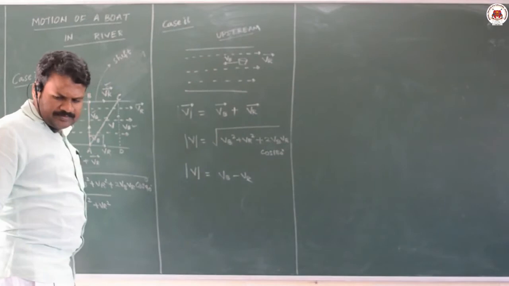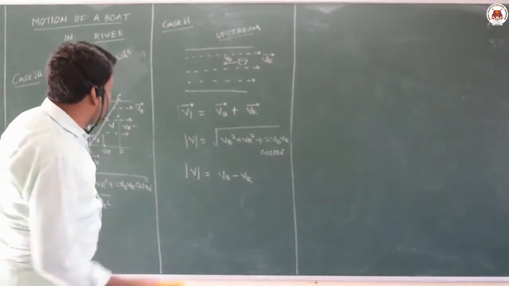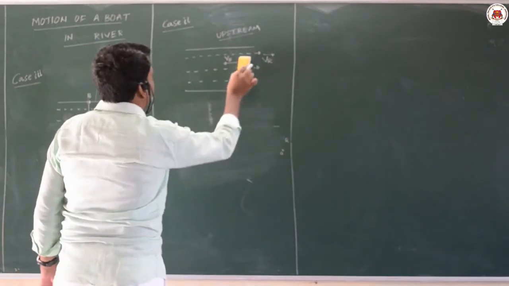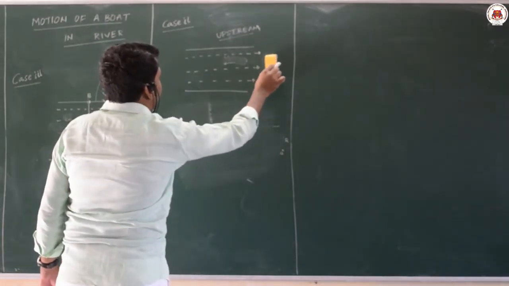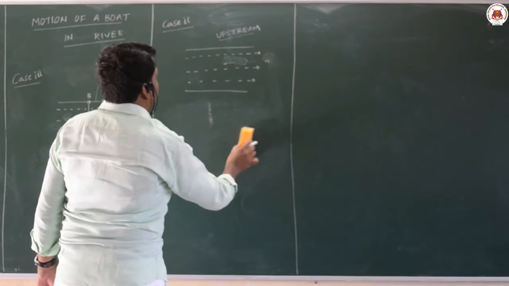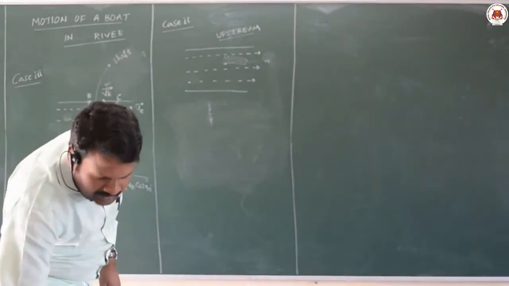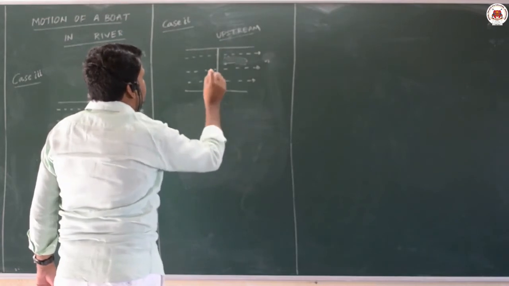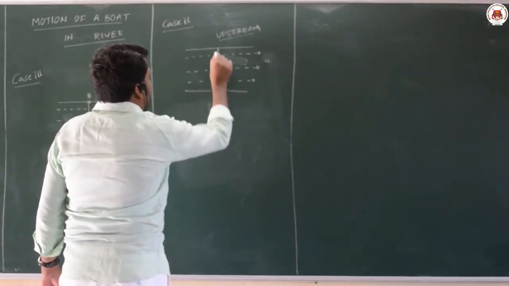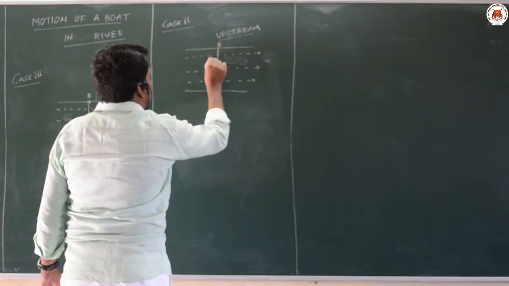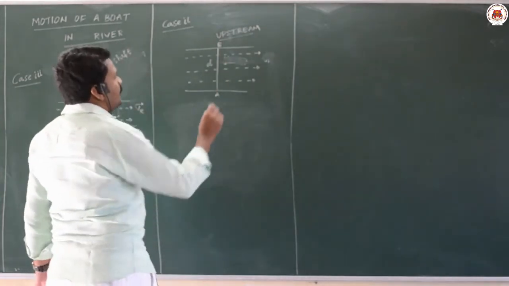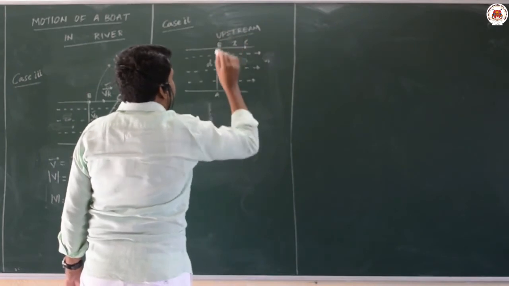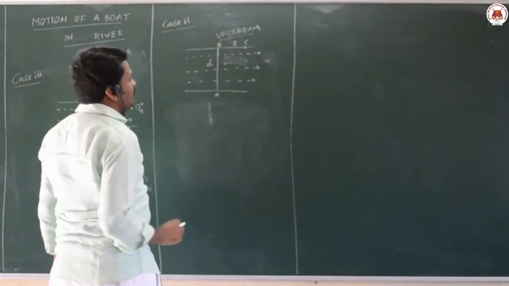For that, you can draw one more diagram for calculating time taken to cross the river. If width of the river is d, this is A, this is B, this I am taking as D. B to C I will take as x, x is the shift.